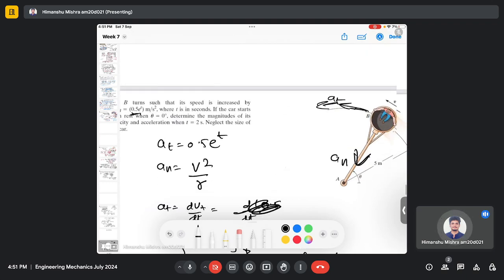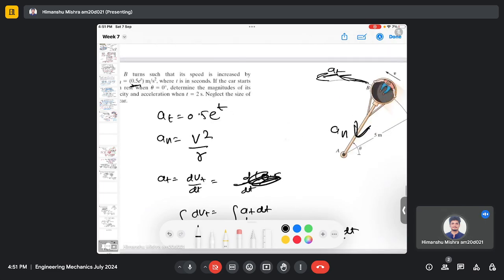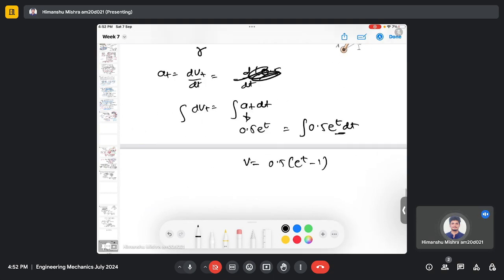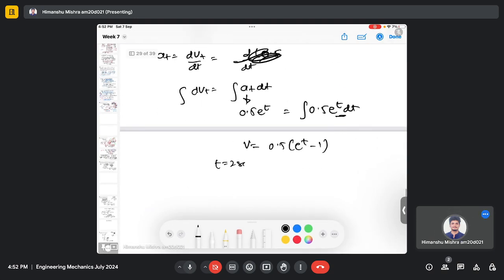I have to find the velocity and acceleration at t equal 2 seconds. So v at t equal 2 will be 0.5 (e to the power 2 minus 1). If you solve this, you will get v as 3.195 meter per second.